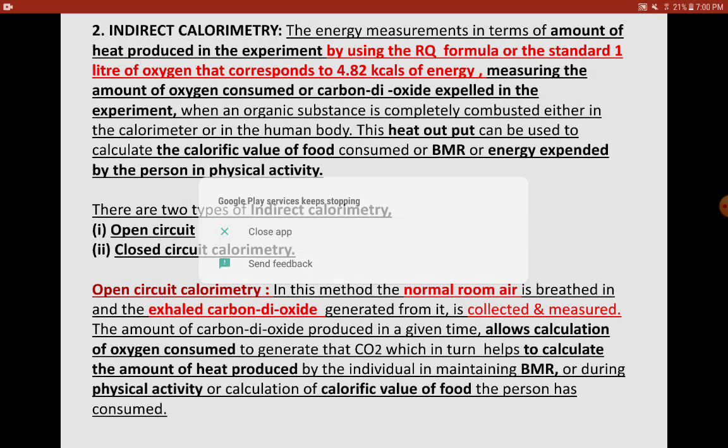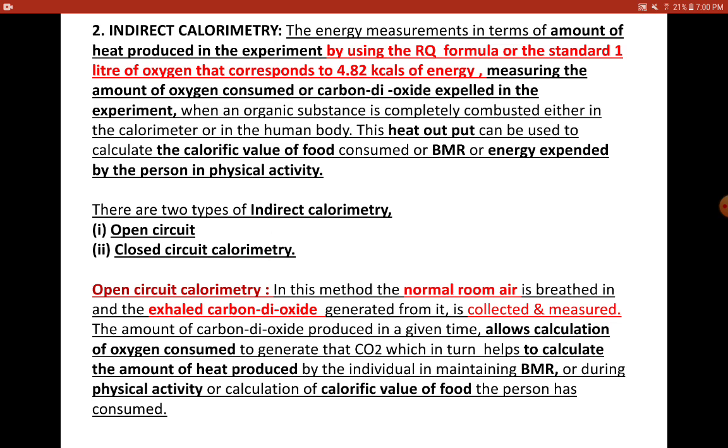Now the oxygen could be supplied by a known amount filled in a container, or it could be just the atmospheric oxygen, and the carbon dioxide which is expelled, you can trap and measure, and in turn go back to the amount of oxygen consumed using the RQ formula, and then relate using this formula, that is 1 liter of oxygen corresponds to 4.82 kilocalories of energy.